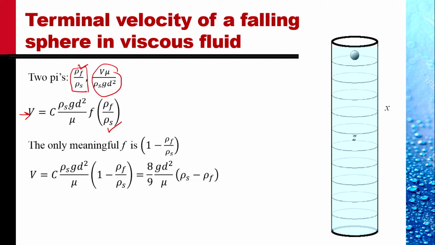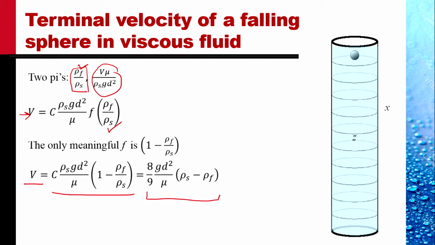So that the terminal velocity v can be written as constant times g. Only one pi number involved. And we can do the experiments and can easily find that this constant is 8 by 9. So this is the relationship for the terminal velocity of a falling sphere in a viscous liquid.